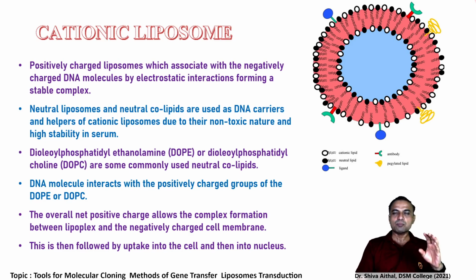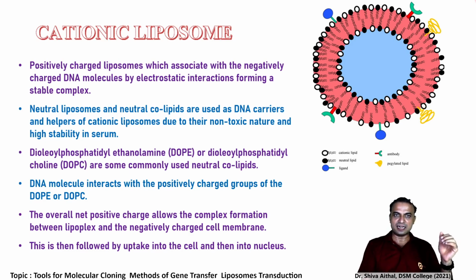These are examples of cationic liposomes. DNA molecules interact with the positively charged groups of these two compounds, and the overall net positive charge allows complex formation between the negatively charged cell membrane and the DNA, the whole structure which is called a lipoplex, just like a complex. This is then followed by uptake into the cell and then into the nucleus.